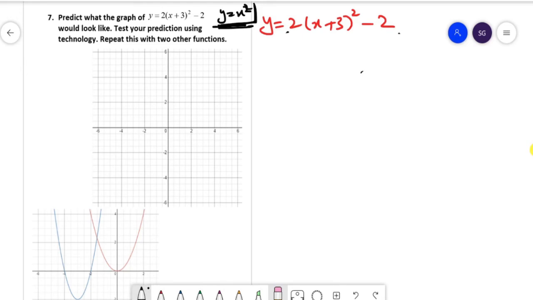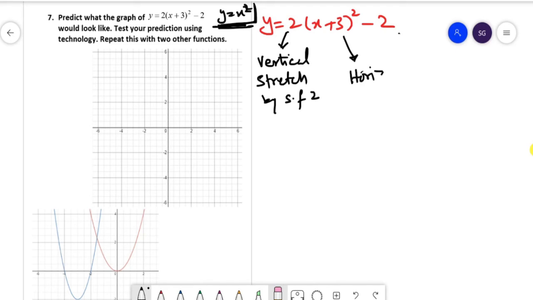This number, as we've already discussed, is accountable for the vertical stretch by scale factor 2. This positive 3 will be a horizontal translation. When you are adding or subtracting in the input, you get a horizontal translation, and since it is added, that would be a translation by negative 3. It means going 3 units in the backward direction.